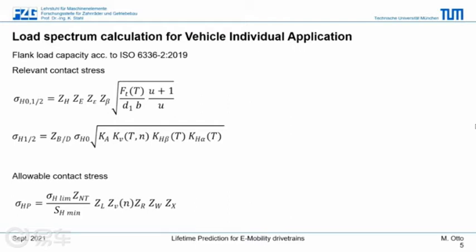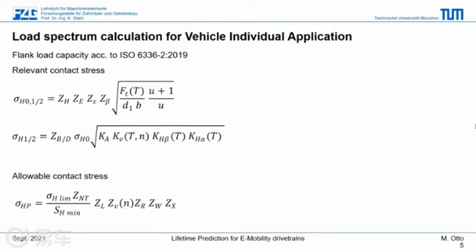Starting with the flank load capacity according to ISO 6336, we like to focus on these three central equations. We need to determine the relevant contact stress, which is possible with the top two equations given here.